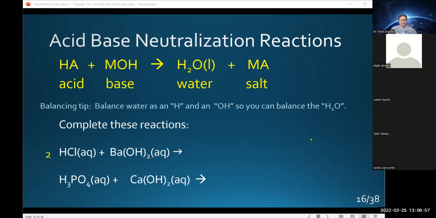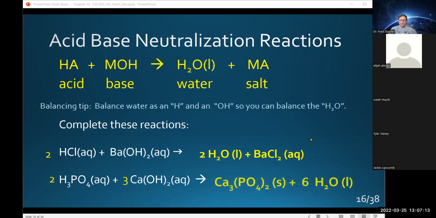Okay, so we got 2 there to balance out the hydroxide, which creates 2 waters and 1 barium chloride. Remember to write the salts in salt form first. Okay, we look for a common number here, which was 6. So it gives 6 protons on the left, 6 hydroxides on the right. Okay, we end up with 6 waters and the formula for calcium phosphate.